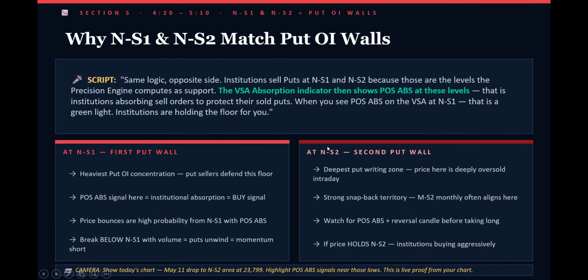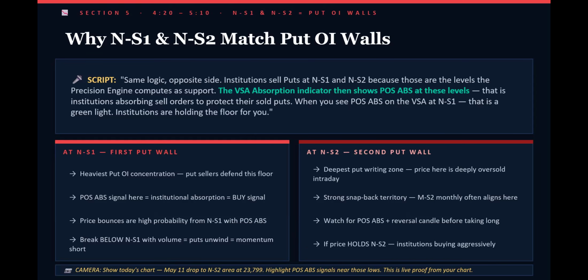Same logic, opposite side. Institutions sell puts at S1 and S2. Those are the levels the precision engine computes as support. So that's why institutions are absorbing sell orders to protect their sold puts.